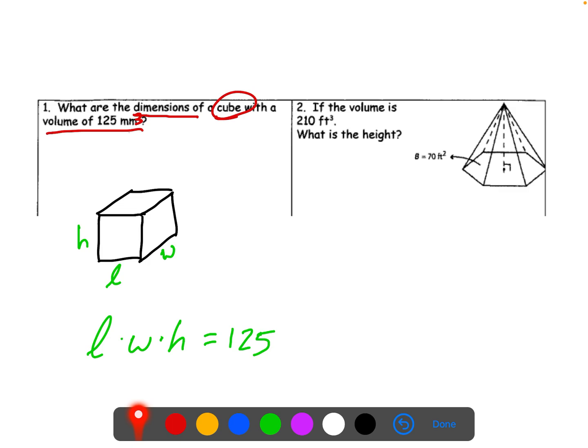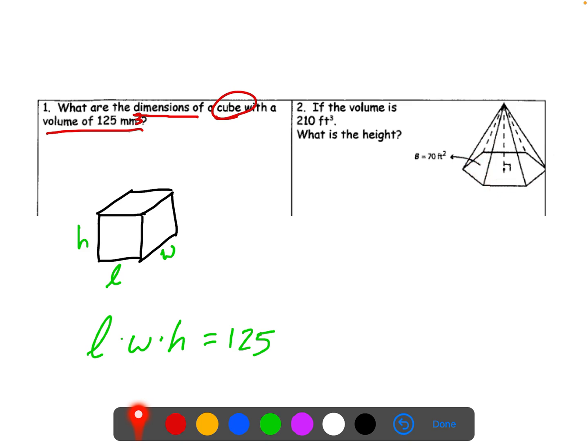For the next one, and this is a lot like what you're going to do with the remaining questions, just with a different shape, it's going to tell you the volume, just like it did here with the cube. It'll tell you the volume of the shape and ask for some other bit of information. In this case, what is the height of the shape? And you can see here in the diagram, our height of this pyramid is always perpendicular to the base.